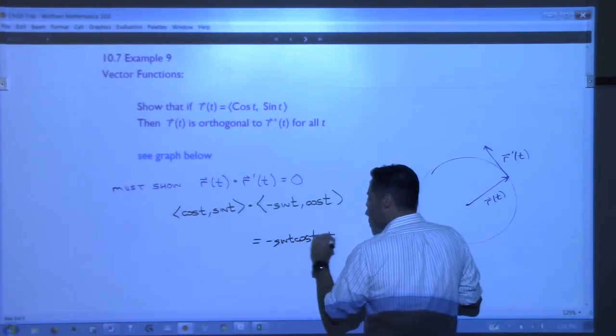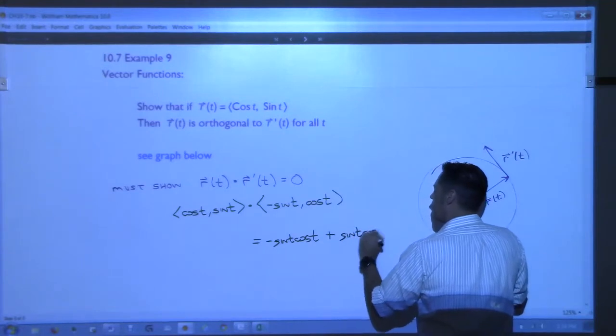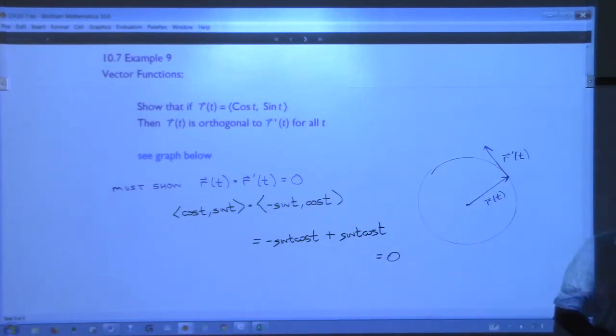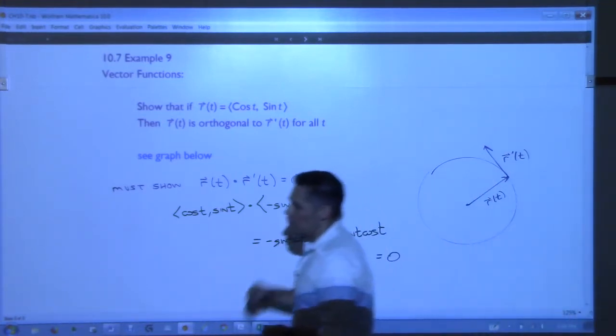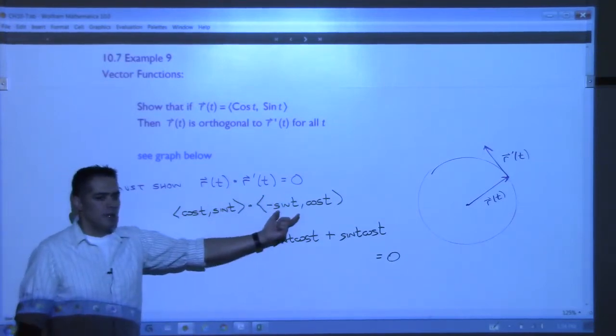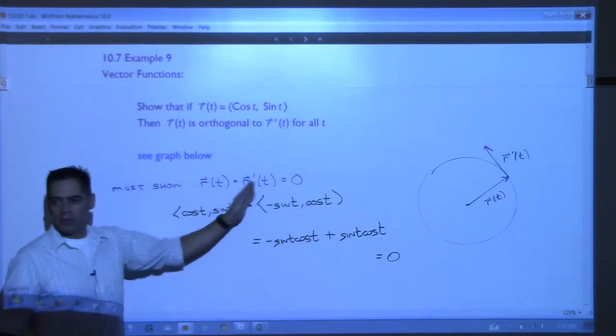And then plus, and now sine t times cosine t. And they cancel, and you get 0. And that would have held for any t. So dotting the vector function with its own derivative means that you get 0, which means that these are always orthogonal vectors.